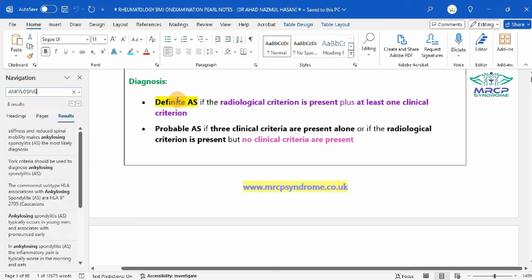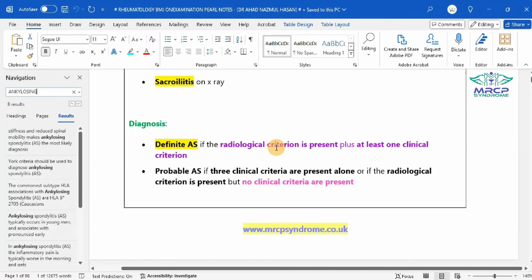It is considered definite ankylosing spondylitis if the radiological criterion is present plus at least 1 clinical criterion. It is probable if all 3 clinical criteria are present alone, or if the radiological criterion is present but no clinical criteria are present.